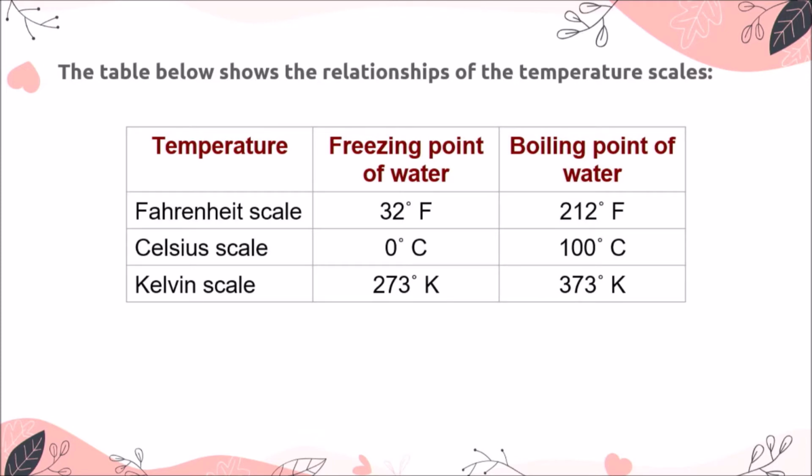For Celsius, we have 0 degrees. And for Kelvin, we have 273 Kelvin. Boiling point for Fahrenheit is 212 degrees Fahrenheit. For the Celsius scale, we have 100 degrees Celsius. And for Kelvin, we have 373 Kelvin. But for now, grade 5, we will just study the Fahrenheit and Celsius scales.